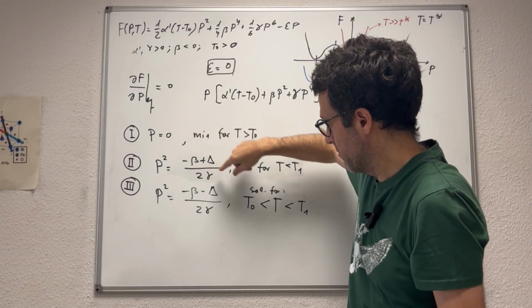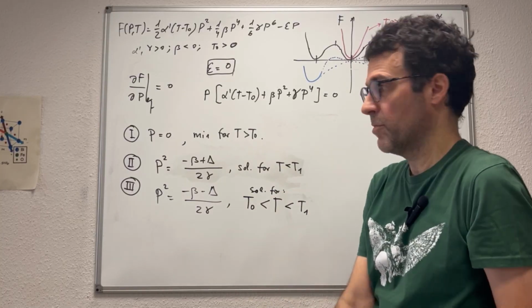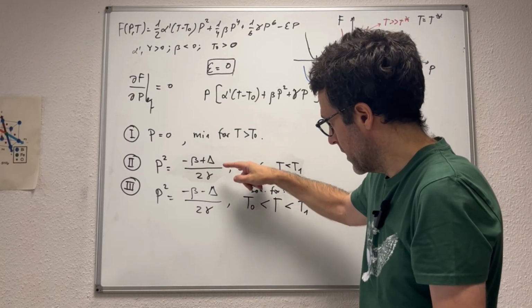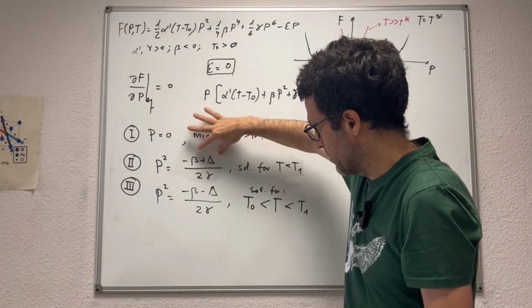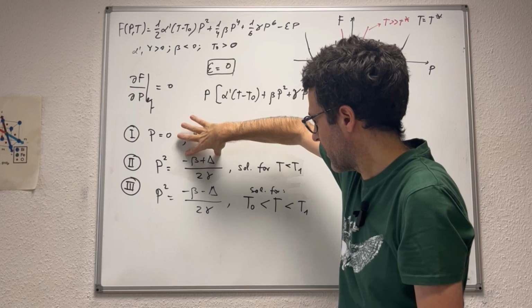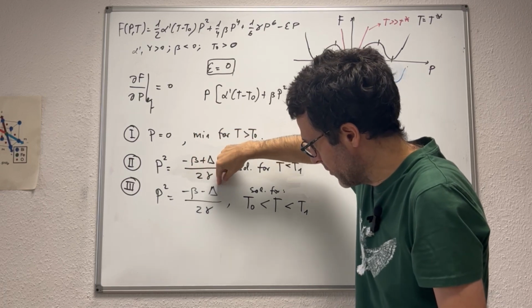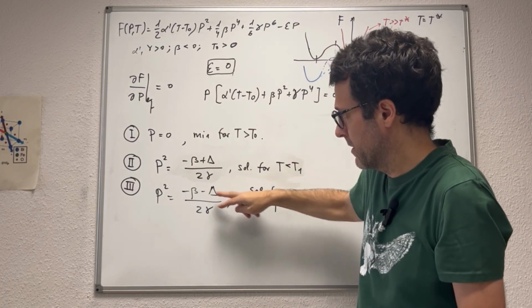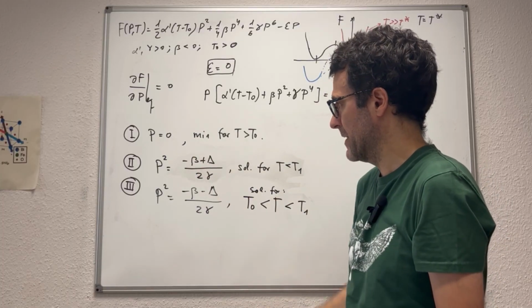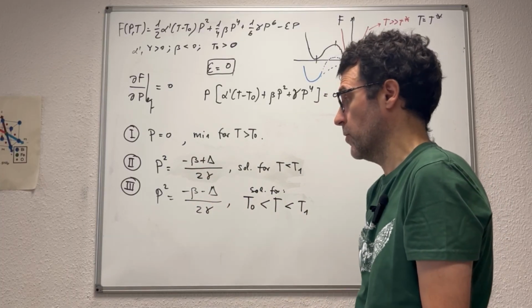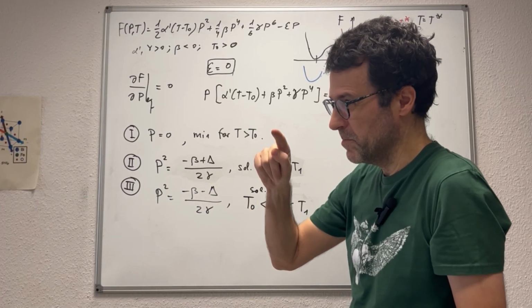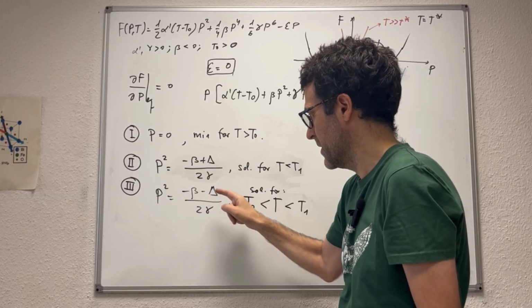Here we have 2 gamma in the denominator in both cases, so that doesn't make them different. But here we have positive number plus positive number, so this is bigger. And here we have positive number minus positive number, so this one is going to be smaller. So minus beta plus delta is always bigger than or equal to minus beta minus delta.